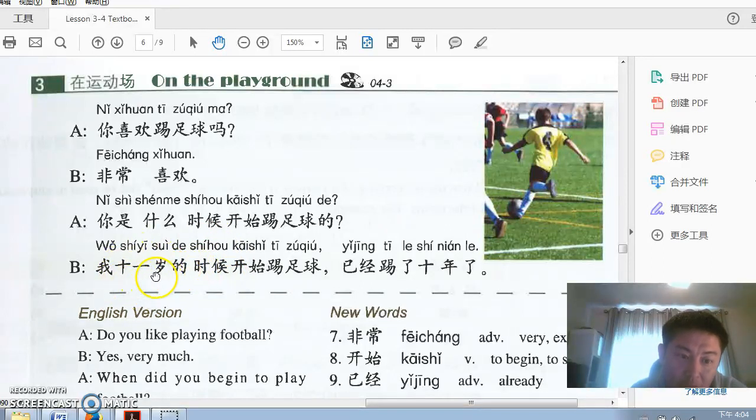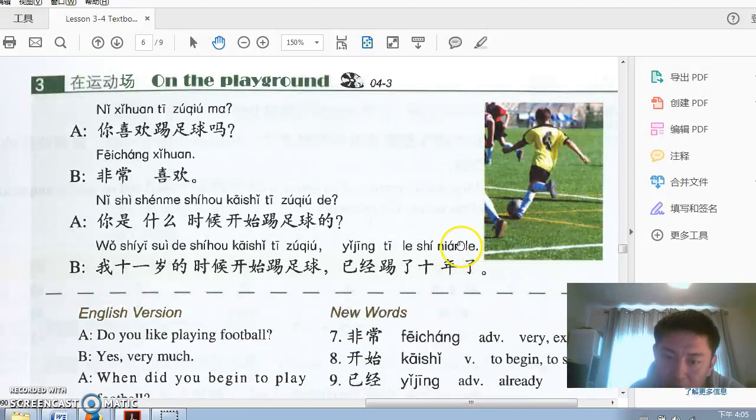It could be 1月的时候, the time of January. 1992年的时候, the time of year 1992. 开始踢足球已经, 已经 means already. 我已经30岁了, I'm already 30. 他已经去北京了, he's already left for Beijing. 那踢了10年了, played for 10 years.